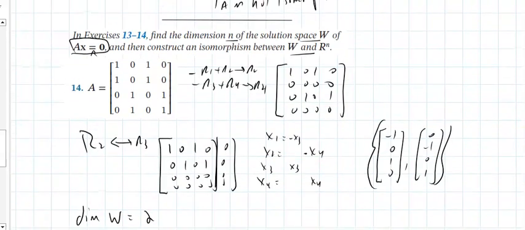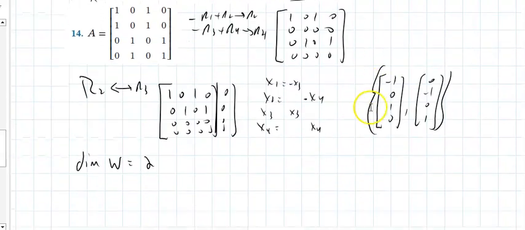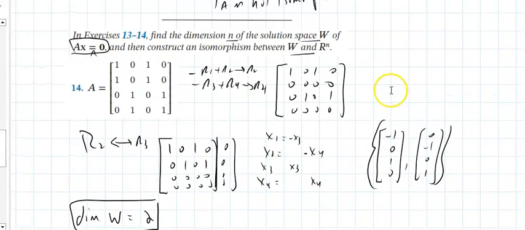So find the dimension n of the solution of Ax equals 0. Well, n in this case is 2. And construct an isomorphism between W and Rn. Well, let's see how we're going to do that.